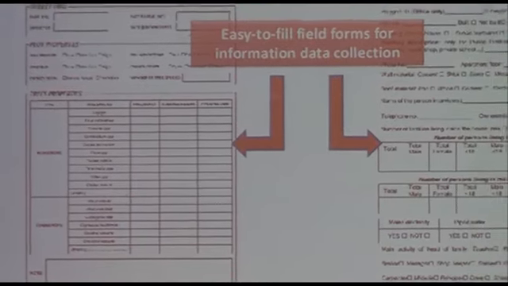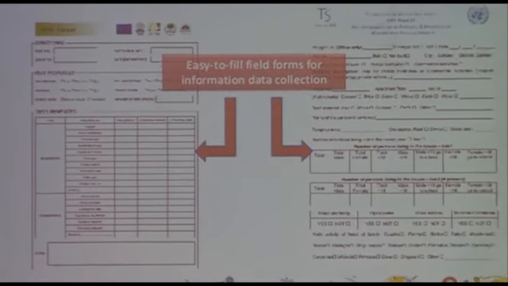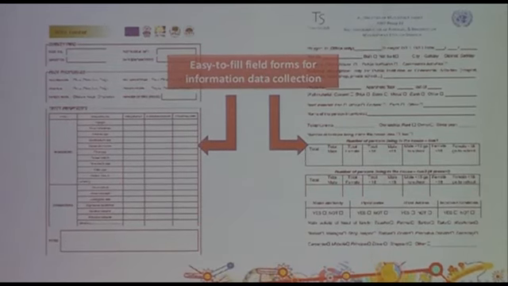And the field forms were easy to fill, and we avoided as much as possible leaving free text. Because, as you know, it's very easy to make mistakes, to write a name in a different way. So we try to use as much as possible checkboxes, drop-down lists, and yes or no. So the possibility of errors was really minimized.